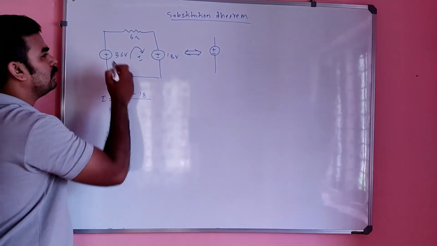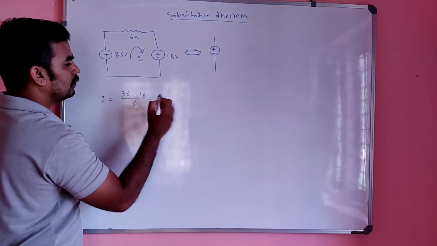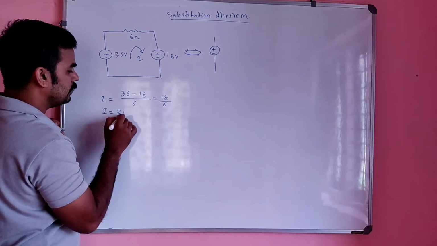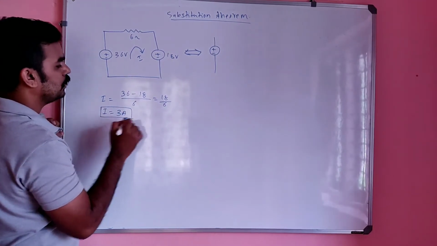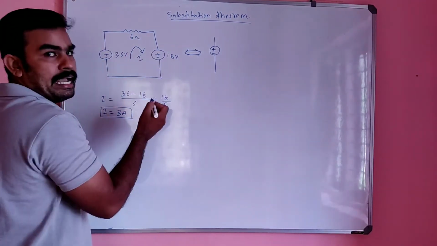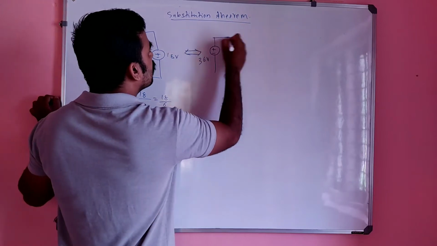This I is nothing but 36 minus 18 divided by 6, which is 18 by 6, so I is equal to 3 ampere. Or the same circuit you can represent like this.